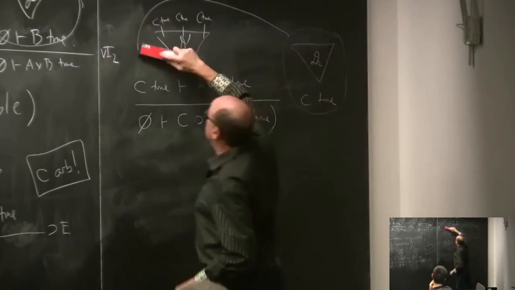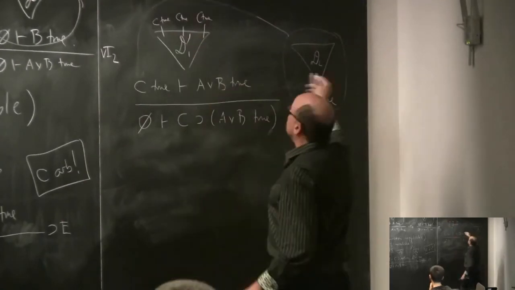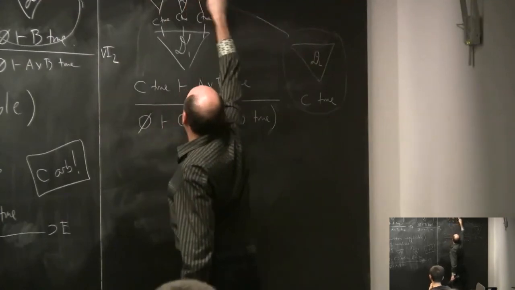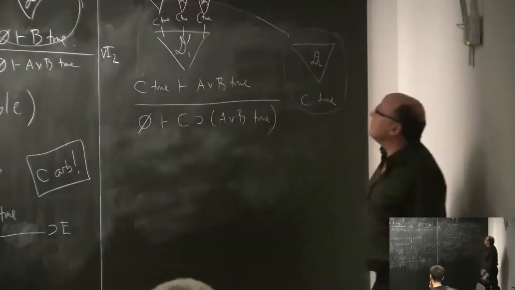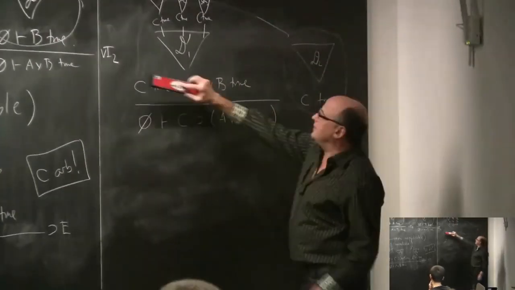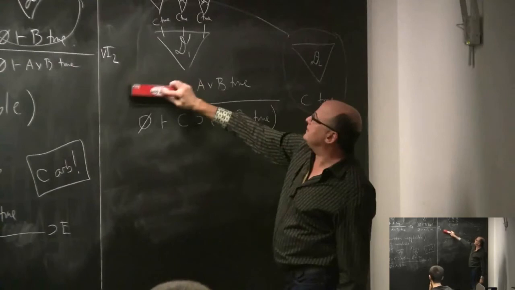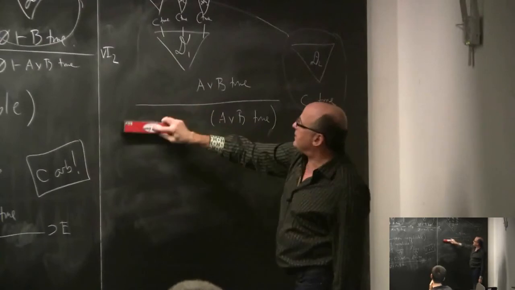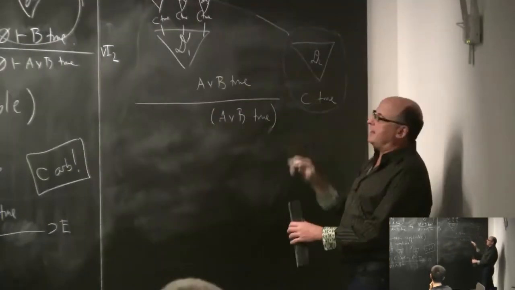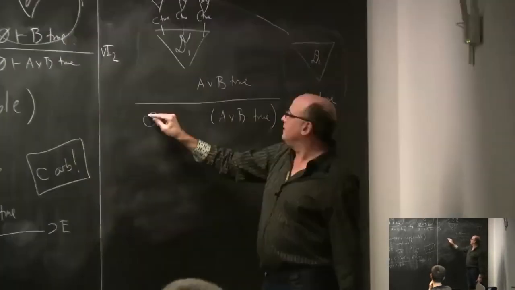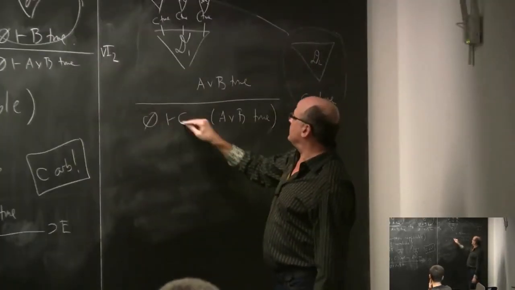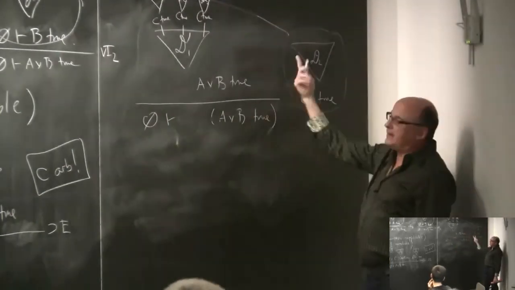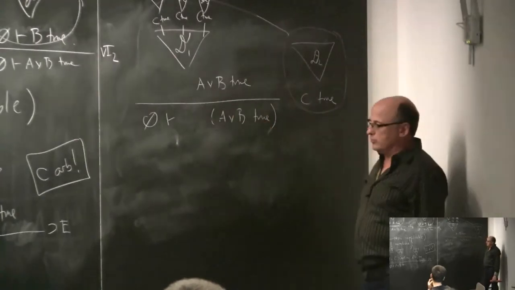To redraw this picture, I want to plug in all the D2s that you get here, so that I get a derivation of A or B true without any C. Then I apply an inductive hypothesis that says this smaller derivation gives me A or B true, and I would extract from that by induction the proofs of A true or B true.